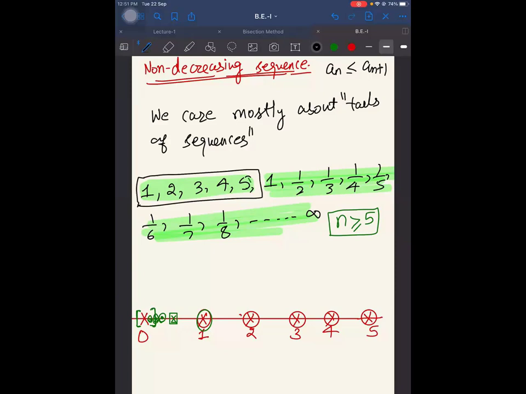So you should always say that the proper definition would be a non-decreasing sequence for all n greater than or equal to some M, and that M has to be finite. From the beginning we have seen that if finitely many terms are not behaving, then it's fine, because we are only here to find the clusters. A cluster is where the interval contains infinitely many numbers from the sequence.